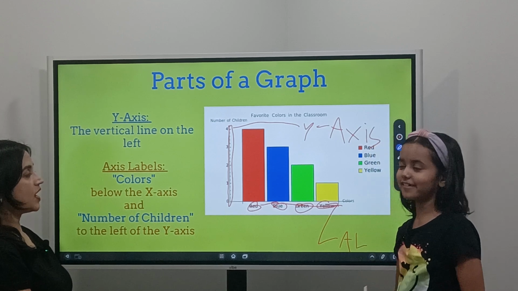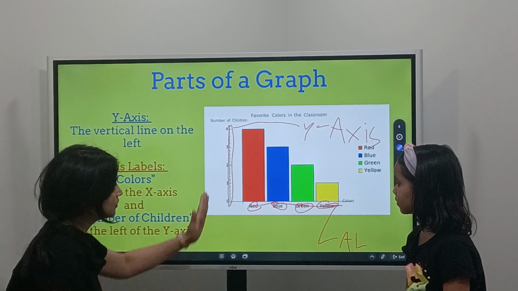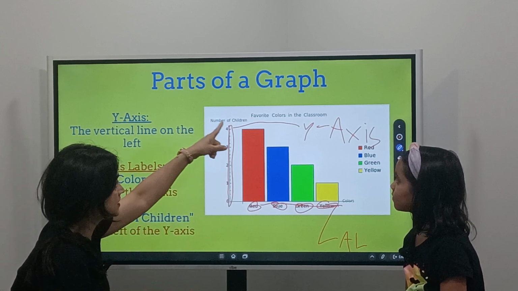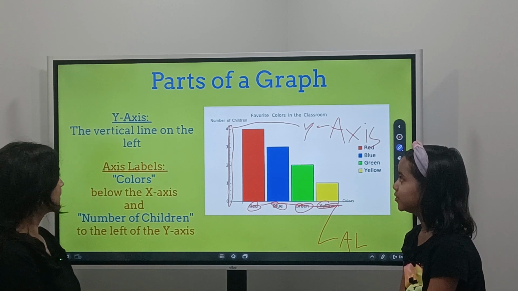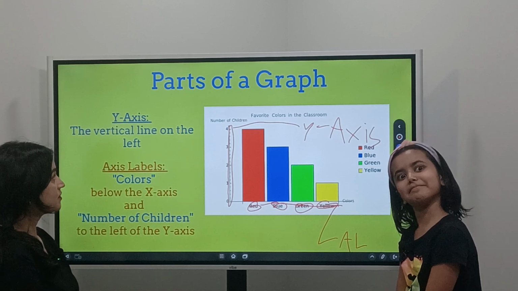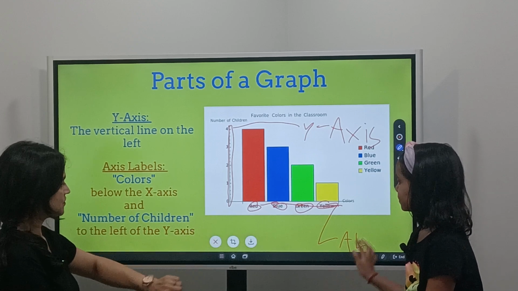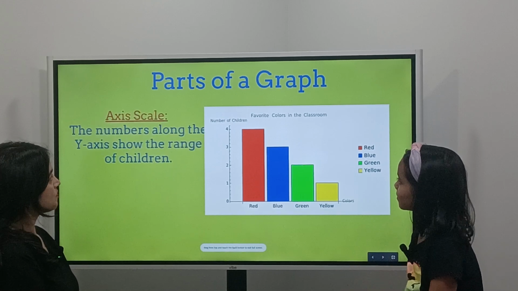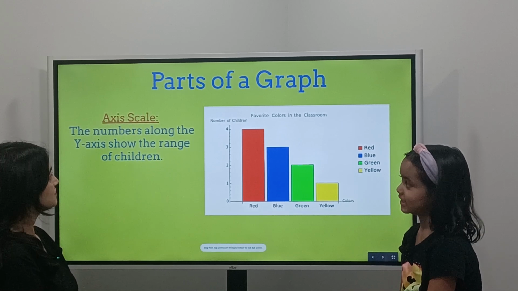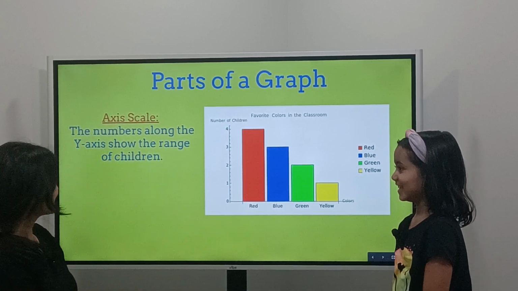So on the x-axis there are the colors, and on the y-axis there is the number of children. So that's the parts of the graph. Okay, let's go to the next slide. Parts of the graph continue.